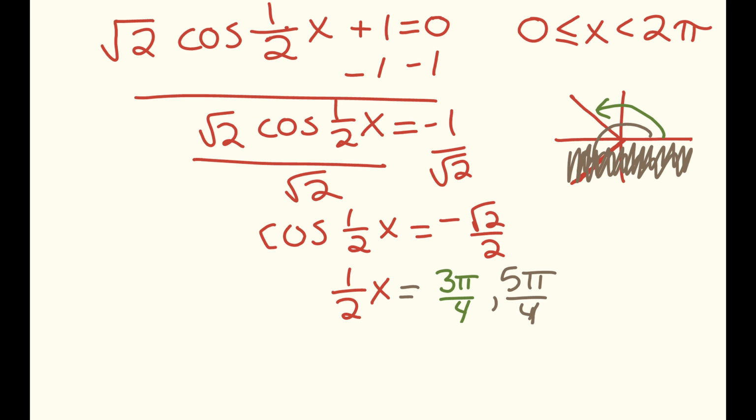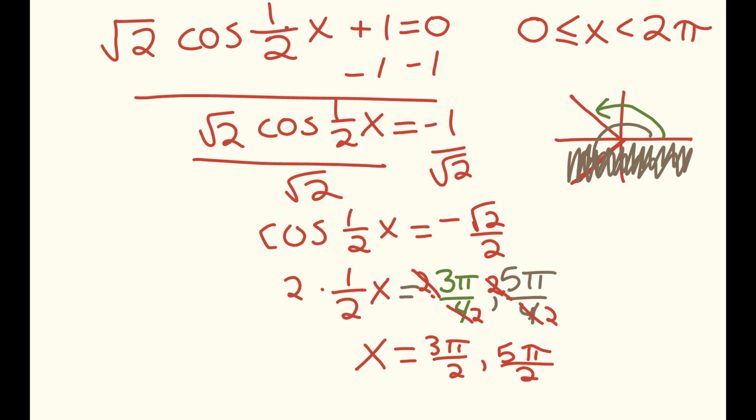So we're going to multiply both sides by 2. So I multiply everything by 2 over here, and I get x equals 3 pi over 2 with reducing, and 5 pi over 2. And if you remember, I said always check your biggest angle.